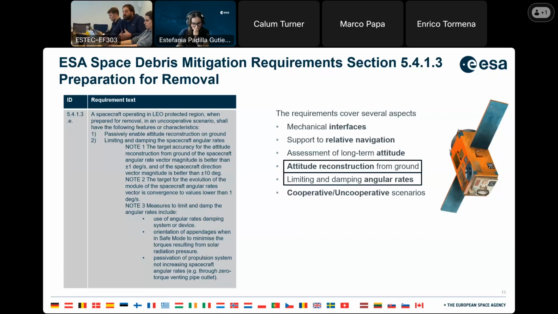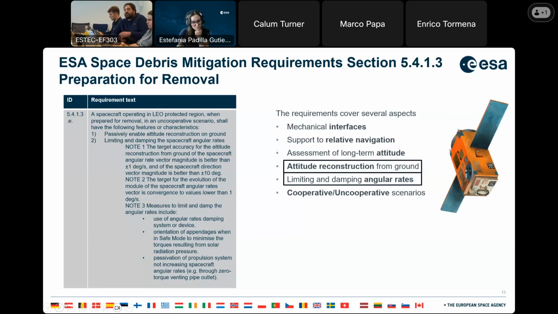This is quite important because it's giving an indication of what should be expected, both from an active, you can say, perspective, so a servicer perspective, but also from a satellite integrator's perspective. This is quite important because it's also reporting different measures to limit and damp the angular rate. And these are reported directly in the requirement.